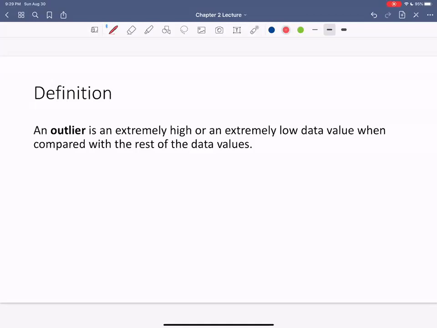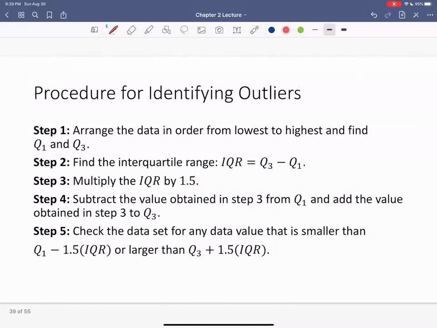But there's a mathematical way of identifying where the outlier is. First step, arrange the data in order from lowest to highest, which most of the time we're doing anyway, and find quartile 1 and 3. Then you find the IQR, like in our last example.